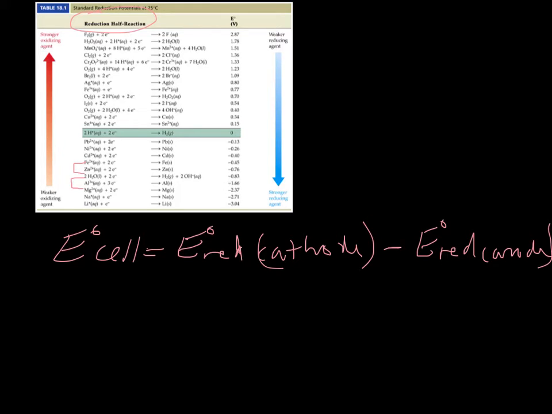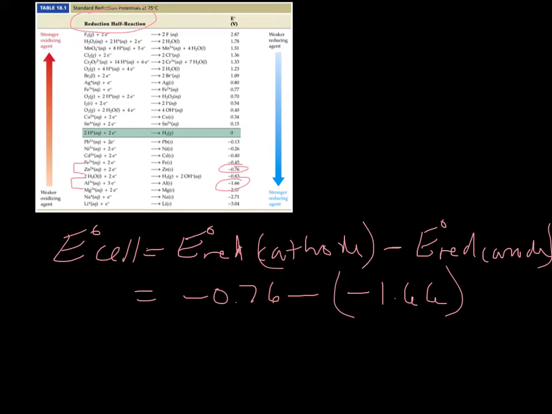So at the cathode, we had zinc. Zinc was receiving those electrons. So for zinc, we have negative 0.76 minus, for aluminum, negative 1.66.